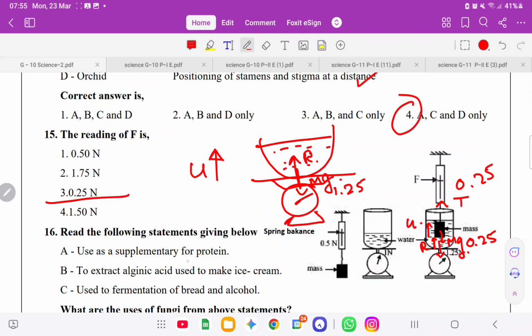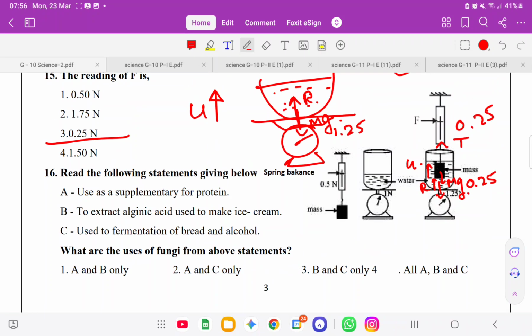So the weight is 1.25 from 1 Newton. So additionally 0.25 is added due to the mass. The other 0.25 is held by the water, but the other part has to be maintained by the balance. Is that correct?